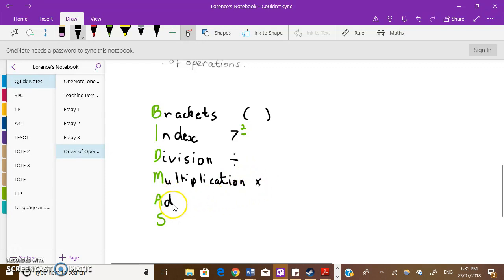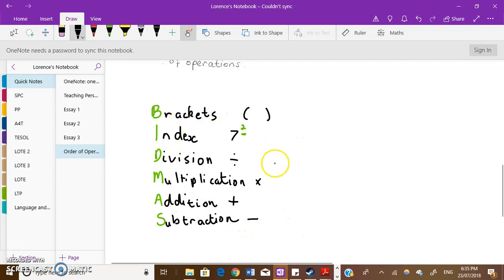A refers to addition. So addition, and subtraction. Okay, and subtraction looks like this.